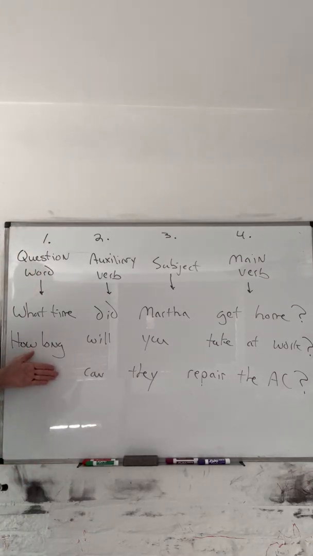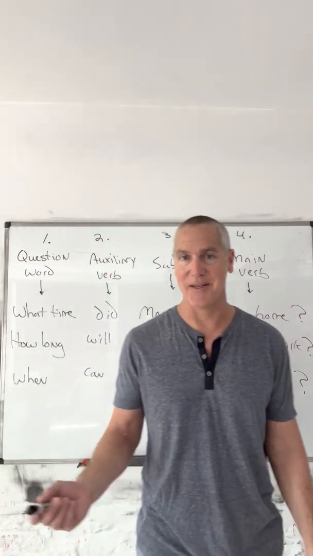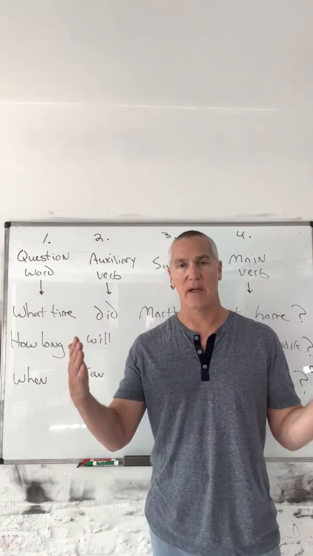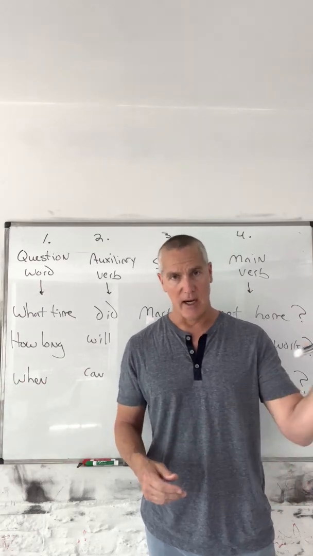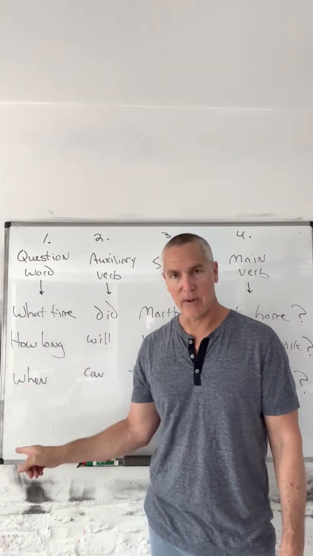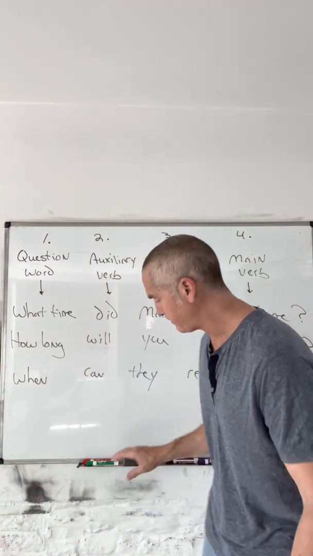No, they can't. When can they repair the air conditioner? Hopefully as soon as possible is the answer, right? If the air conditioner is broken. So again, there's the fundamental difference between a yes or no question and an information question. It's one word, the information question word, and we'll go over them in just a minute.